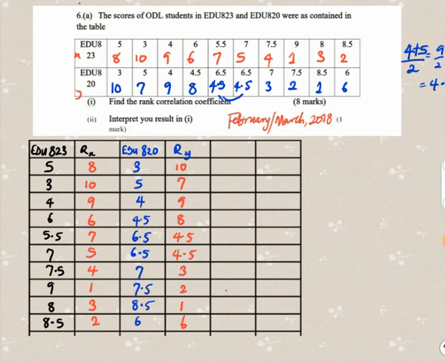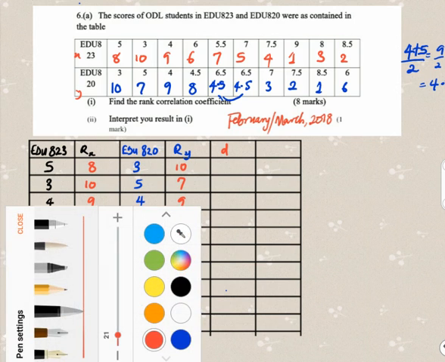All right, the next column now we're going to look for the difference between the ranks.